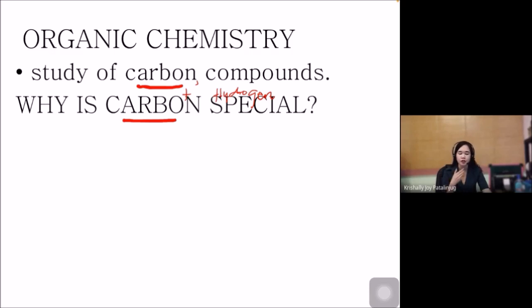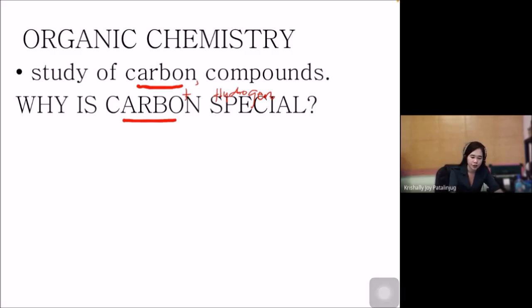The answer is the carbon's electronic structure. It's the carbon's electronic property. The rationale behind that property can be explained by its electronic structure and its position in the periodic table.